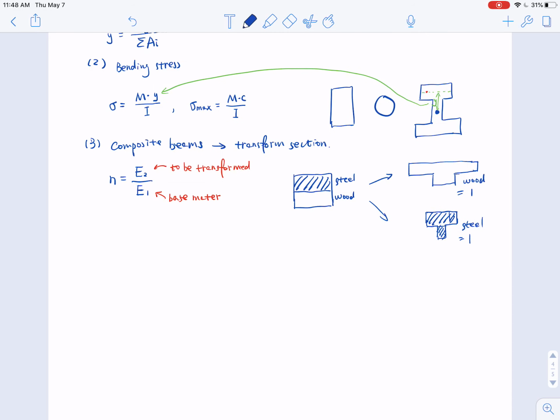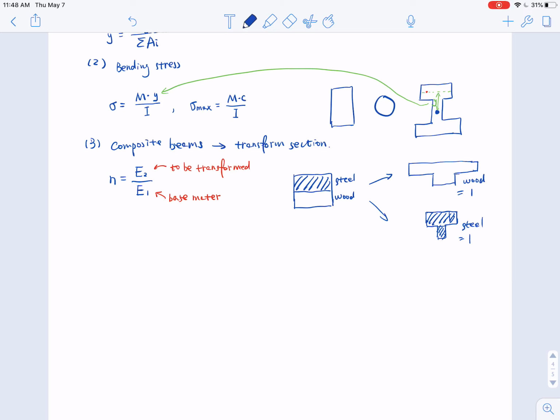Knowing this, based on this first equation, after the transformation you get a composite shape. Basically it will become a T shape.